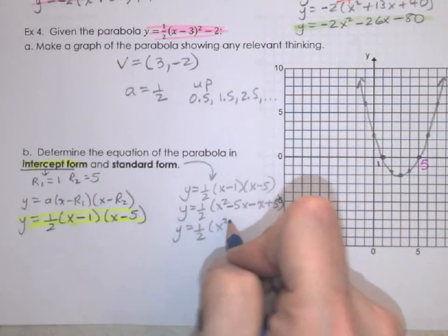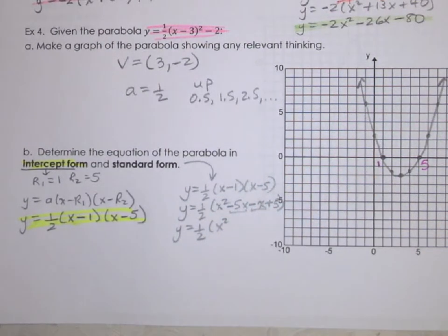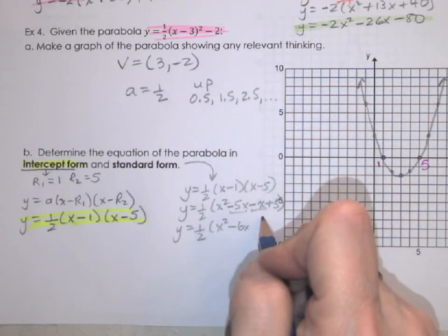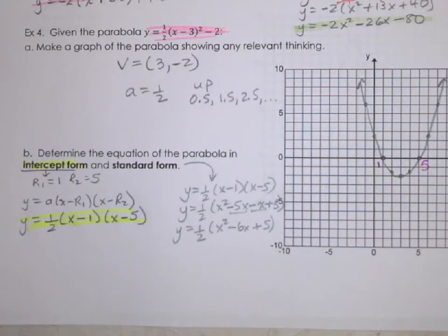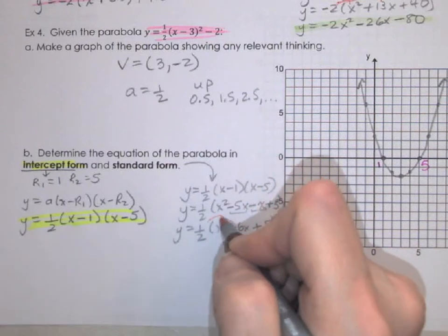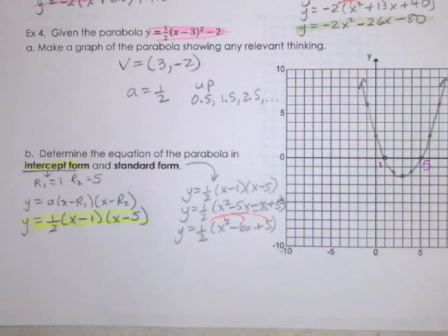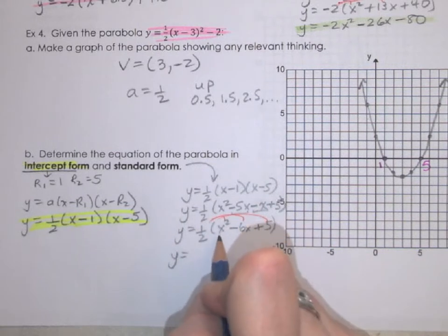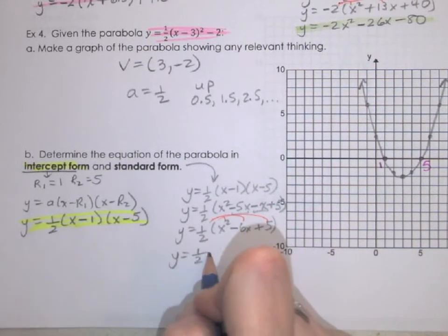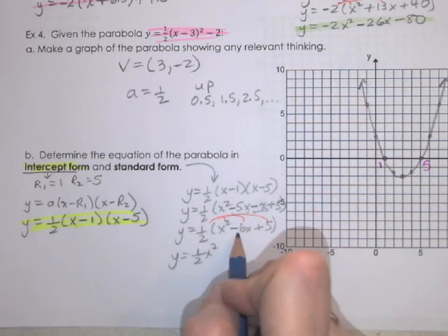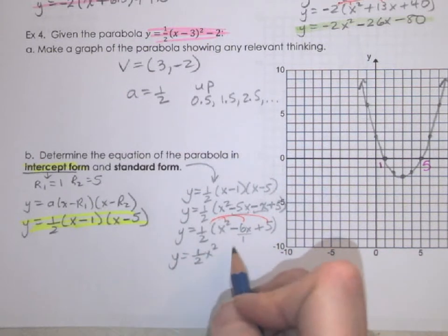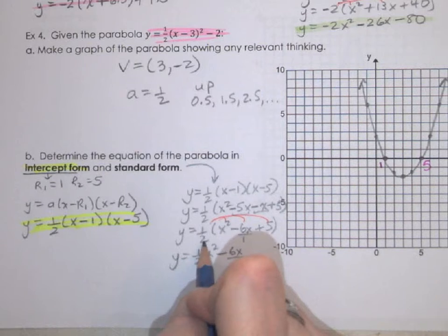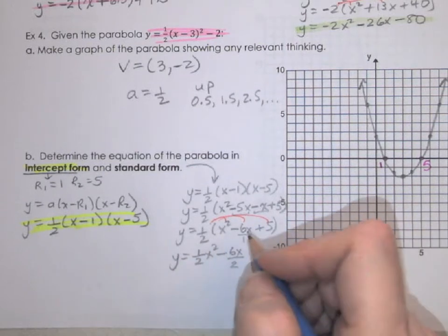And then I can collect the middle terms. Negative 5x minus x is negative 6x. And then plus 5. And then I have to distribute the half to each of those. So a half times x squared is a half x squared. A half times negative 6x, you can think of it as minus 6x over 2 if you multiply the tops together, 2 times 1 is 2.